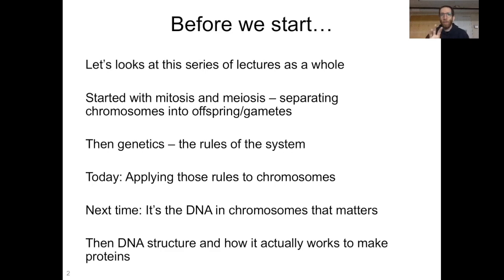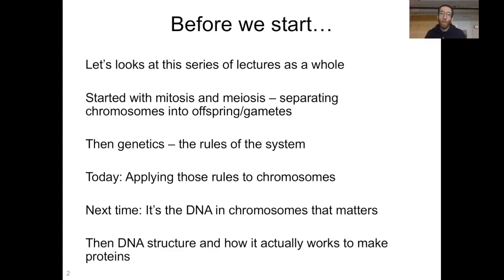Now, before we start, I just want to kind of orient us in this broad set of material. I want you to consider this set of lectures as a unit. You started here with mitosis and meiosis, basically looking at chromosomes and how they separate, ultimately making gametes and then recombining into the offspring. Without really getting into what's going on there, you just kind of did the nuts and bolts of the processes.